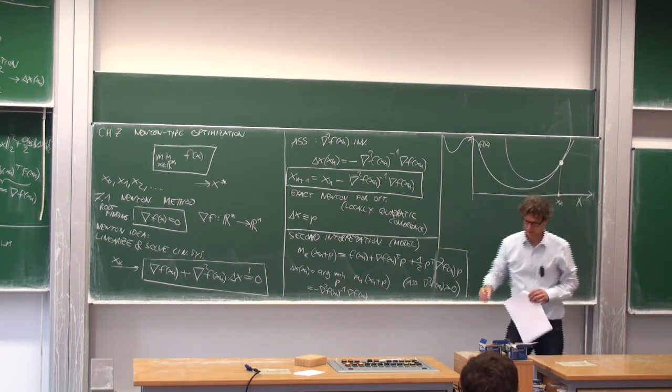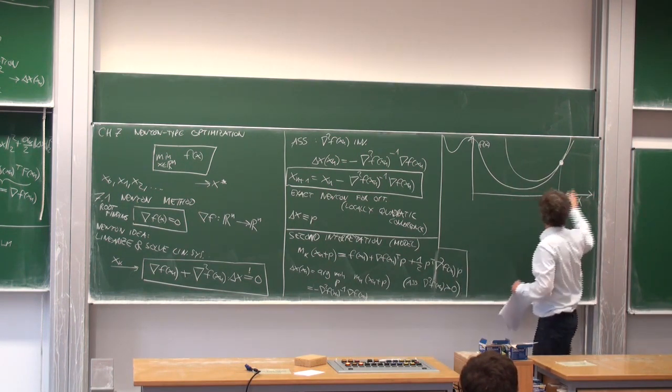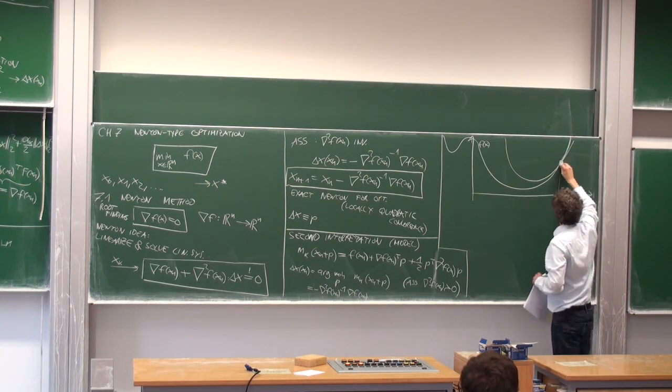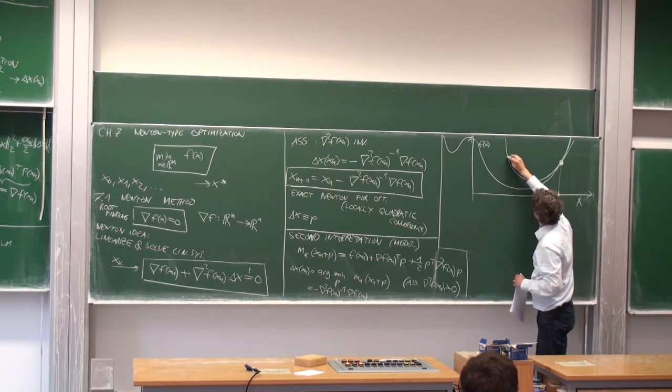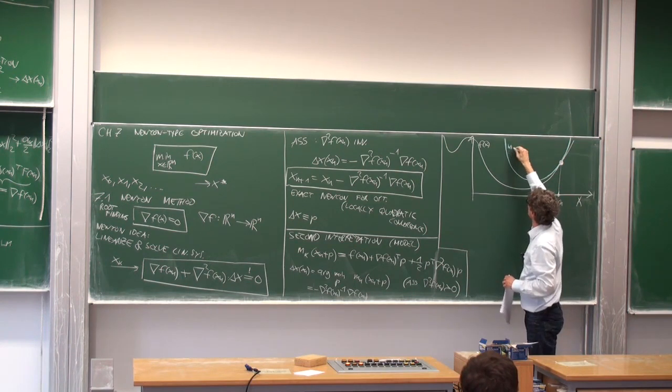Yeah, and this model is something I should draw in a different color. So I draw it in blue, and this would be the model at iteration k of x.